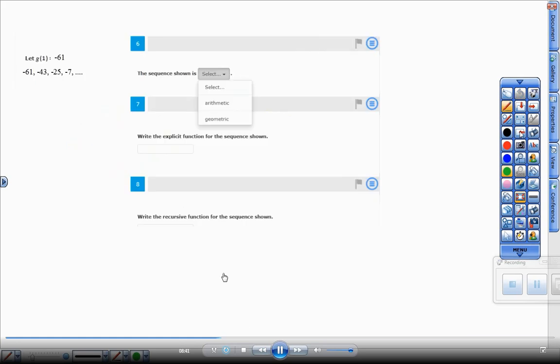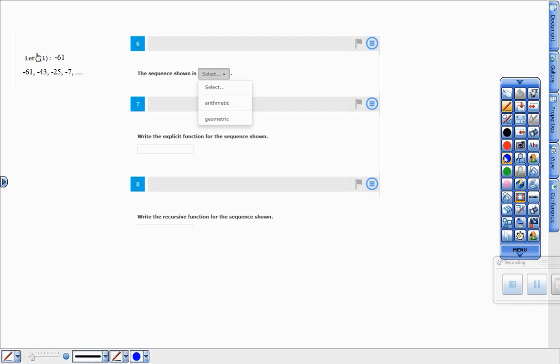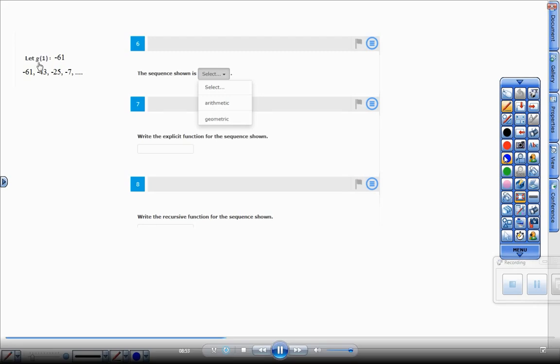Okay, problem 6 wants you to see that from negative 61 to negative 43, I'm adding positive 18. And I got that by taking 61 minus 43, which shows me the size of the change is 18, so it's got to be adding 18.